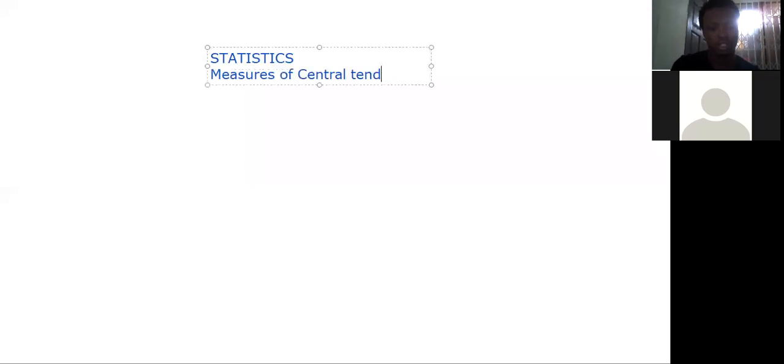Measures of central tendency, that's what we are going to talk about. Under the measures of central tendency, we are going to talk about the mode, the median, and the mean, and how to calculate the mean.